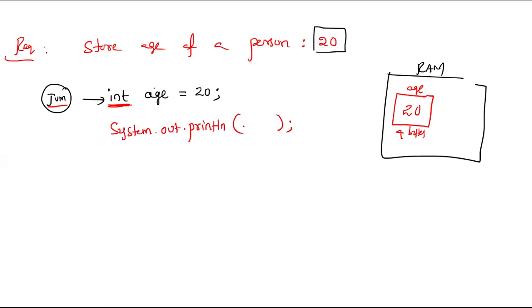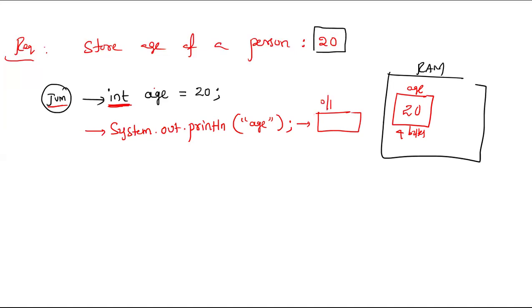In double quotes or not? Yeah, in double quotes. So then what should I write here? Age, can I write like this? Yeah. So if we use double quotes, now if JVM executes this line of code, what is our output for this one?